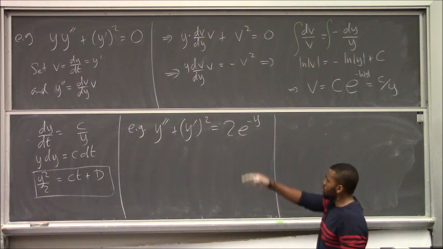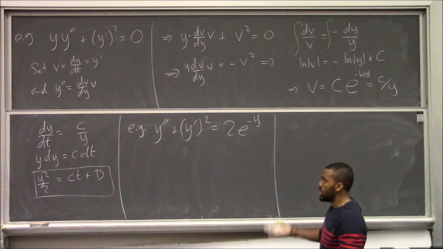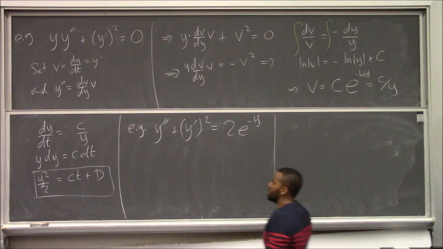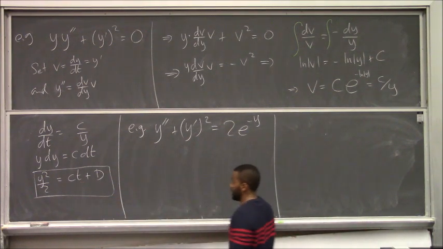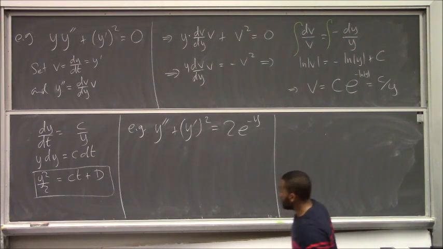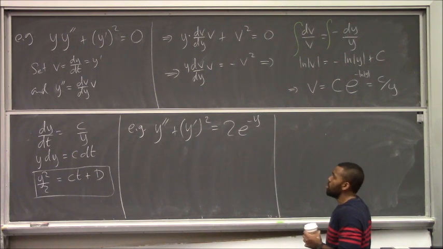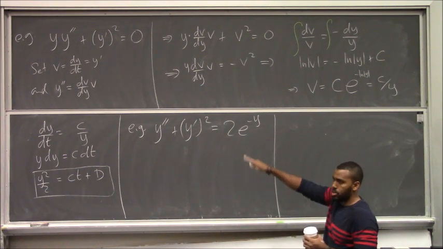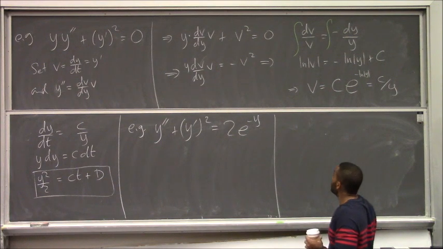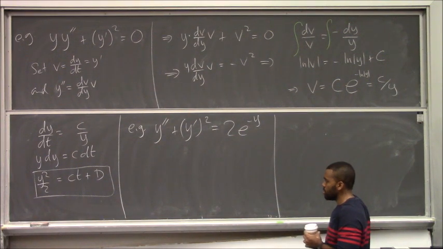So you'd see your y's, your y primes, your y double primes, but there's no t anywhere. Right? So the fact that there's no independent variable lingering anywhere, you can do this substitution. Are there variations to that substitution, or is that just the one? For this case, that's the standard substitution. Variations would require a different kind of situation.